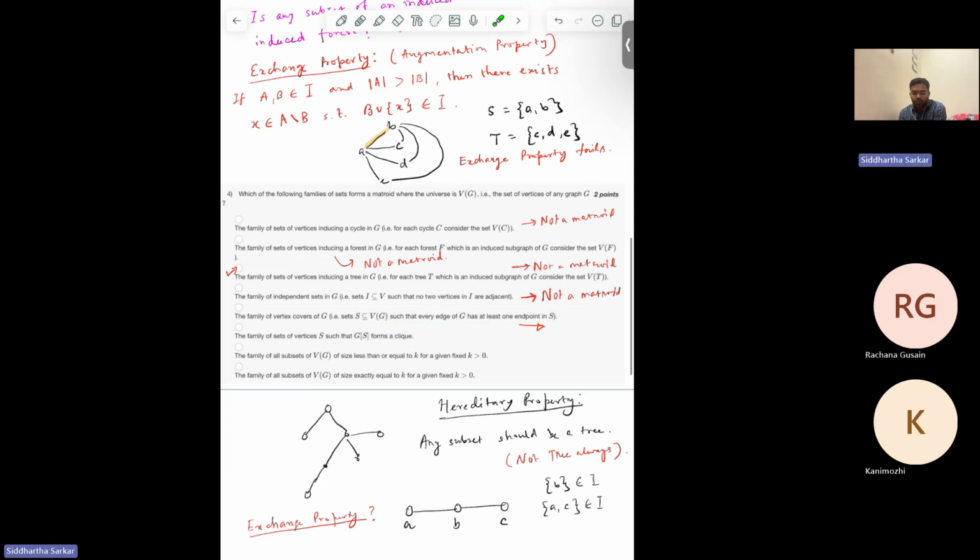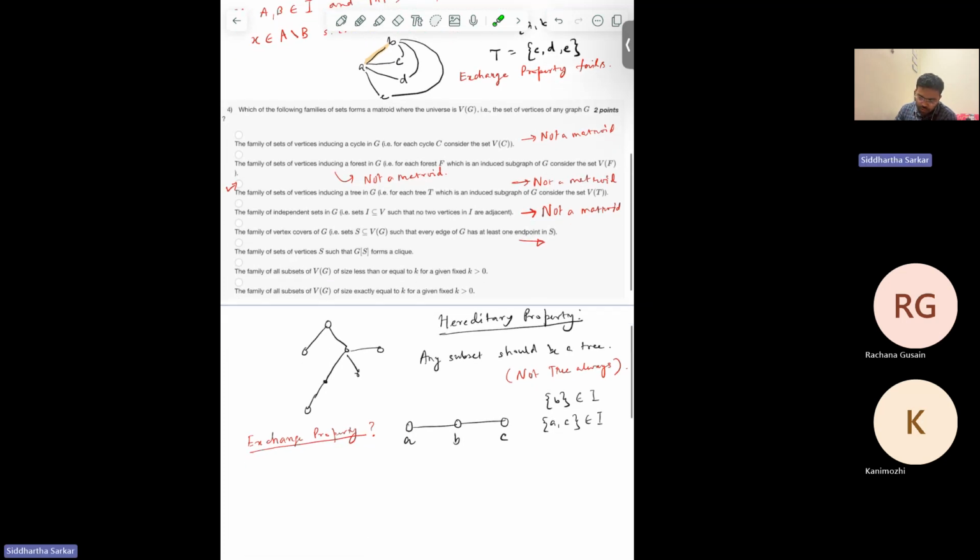So now, is the set of all vertex covers a matroid? So first, what do you have to verify? Which property shall we verify first? We'll verify the hereditary property first, that is, whether a subset of a vertex cover is also a vertex cover.